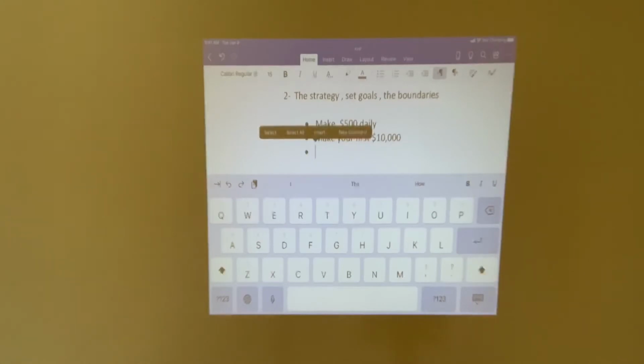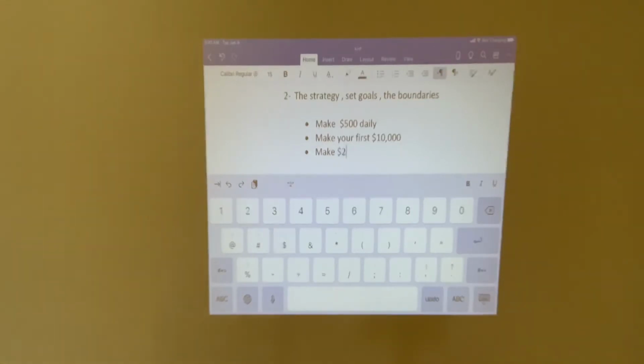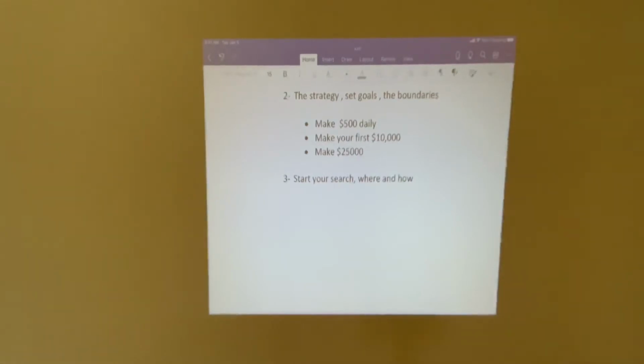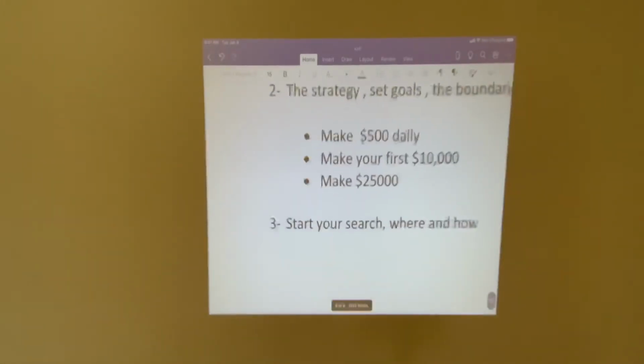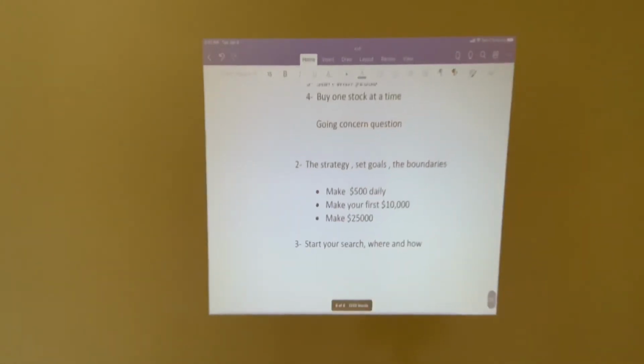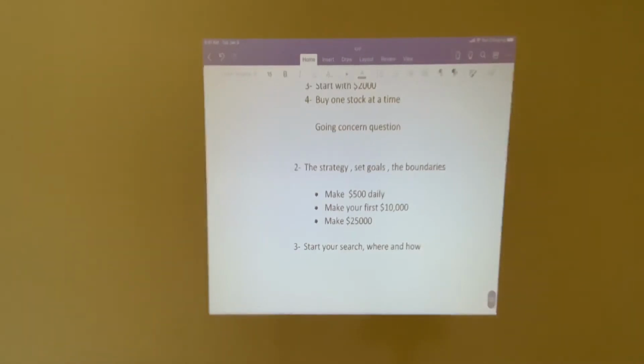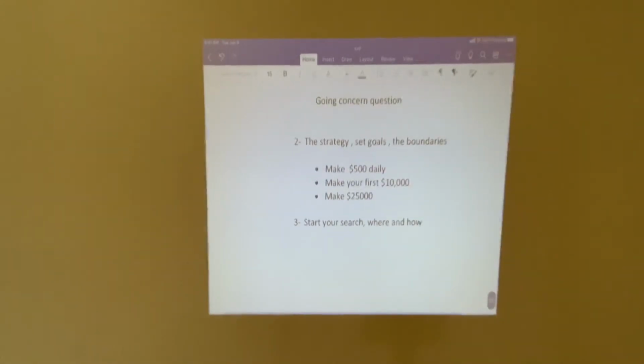The third goal is to make $25,000 and keep it in your account. Meaning your third goal is to keep a minimum of $25,000 in your trading account, because you want to be able to exercise as many trades as you want.